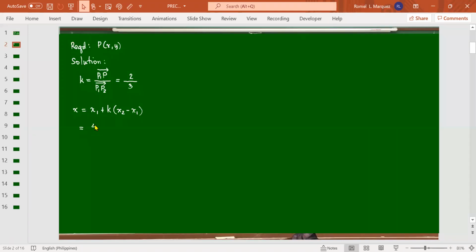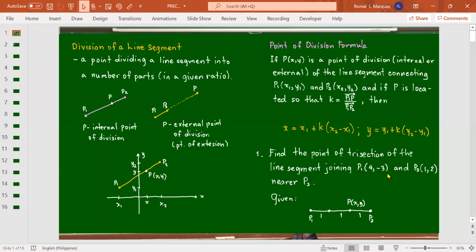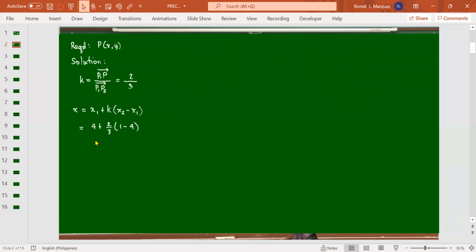So we have 4 plus 2/3 times 1 minus 4. Am I correct, guys? So simplifying, we have positive 2. Am I right, guys? So that's the value of X.